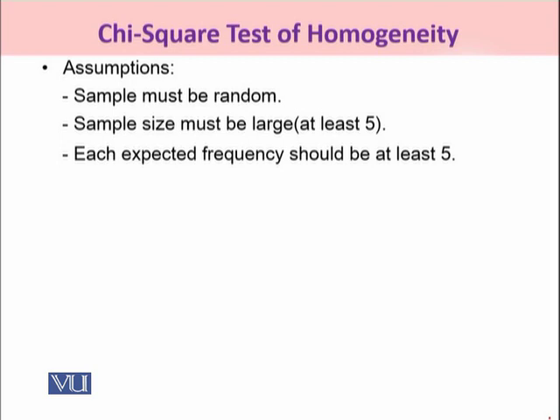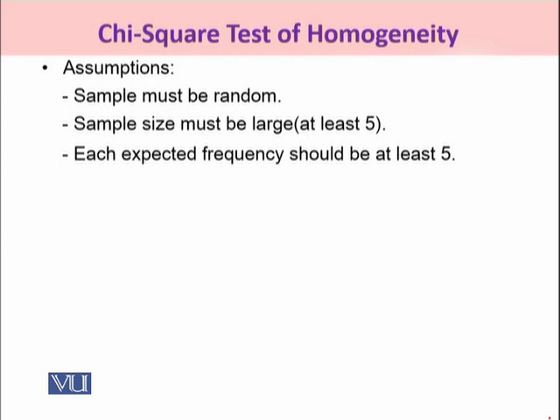Your sample must be a random sample. So if you have generated your sample through random sampling from the population, then your sample will be a random sample. And as far as the sample size is concerned, it has to be at least 5.